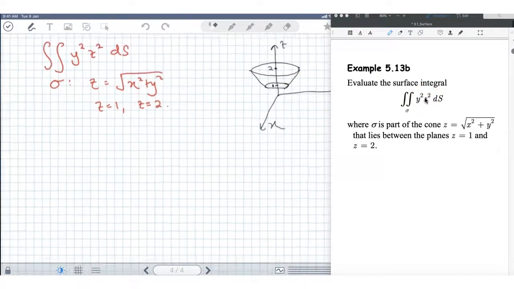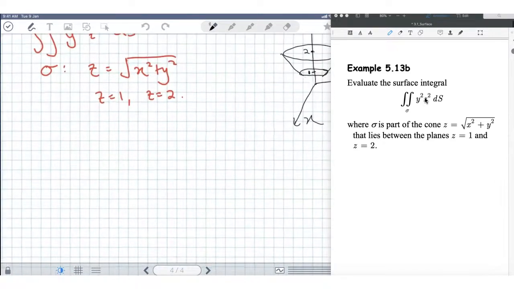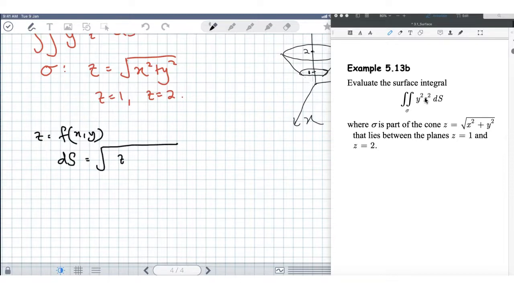Okay, so here you need to find the dS. Your function here is in terms of x and y. So here the dS is the square root of z_x squared plus z_y squared plus 1 dA.